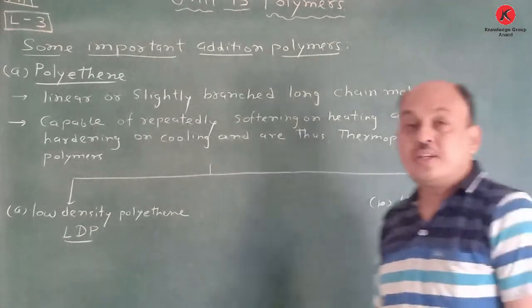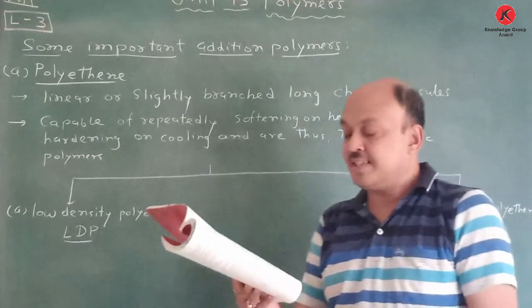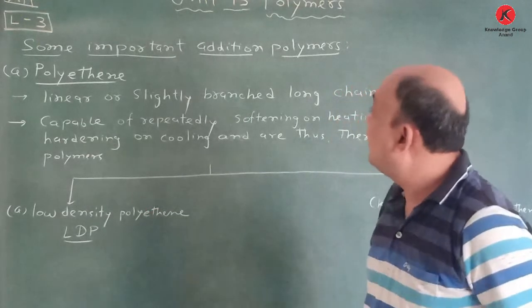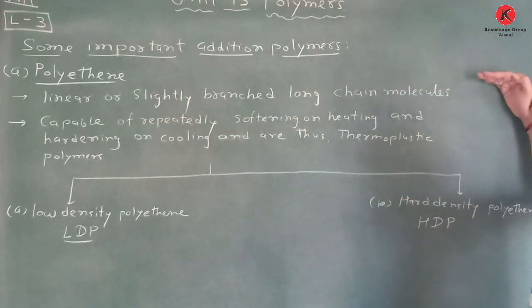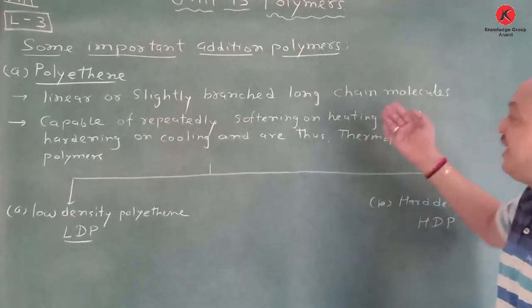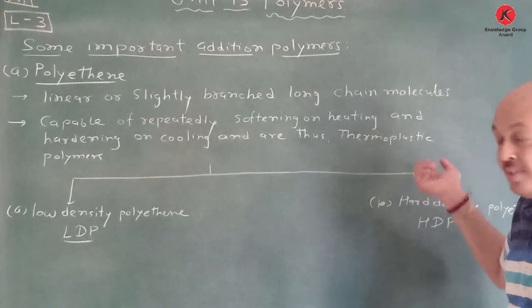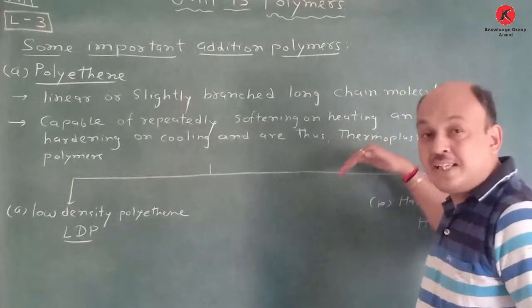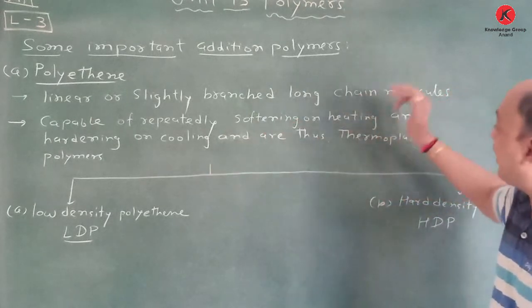Now we discuss these. Once again, this polyethylene consists of linear or slightly branched long chain molecules capable of repeatedly softening on heating and hardening on cooling, and is thus a thermoplastic polymer. Thermosetting is not the case; thermosetting means they do not harden on cooling. That's why this is very important.